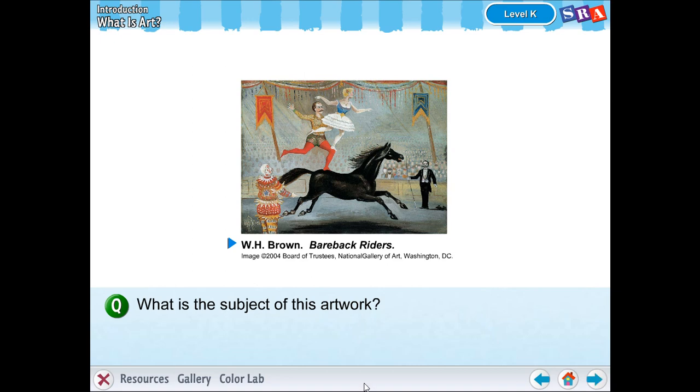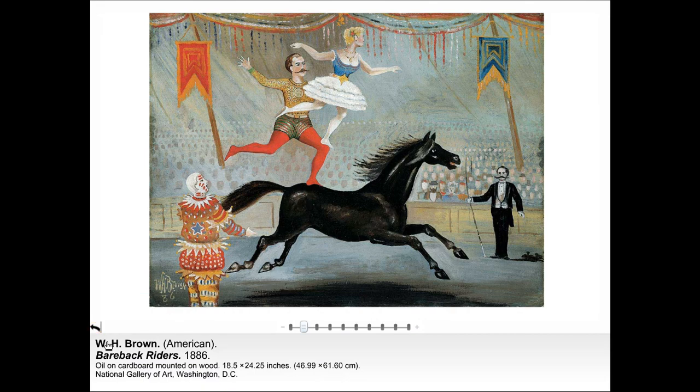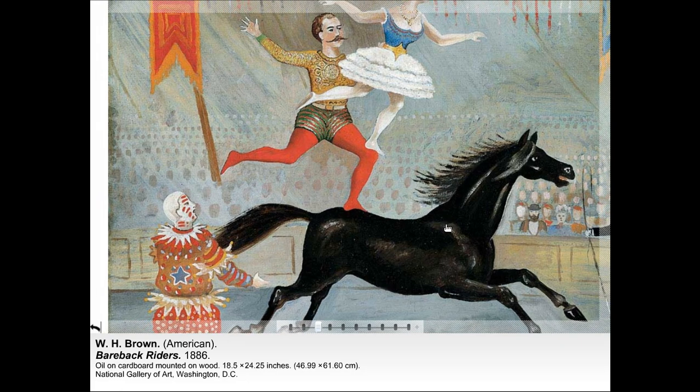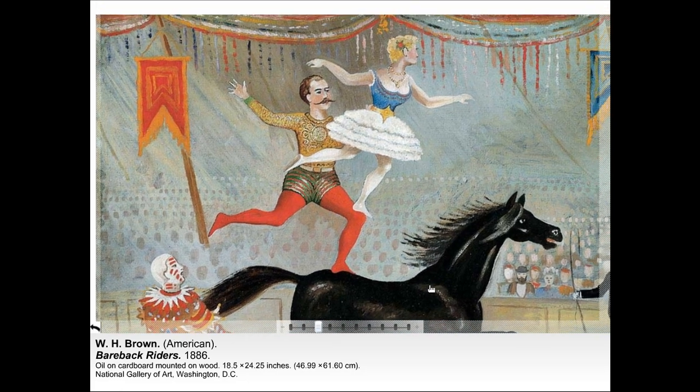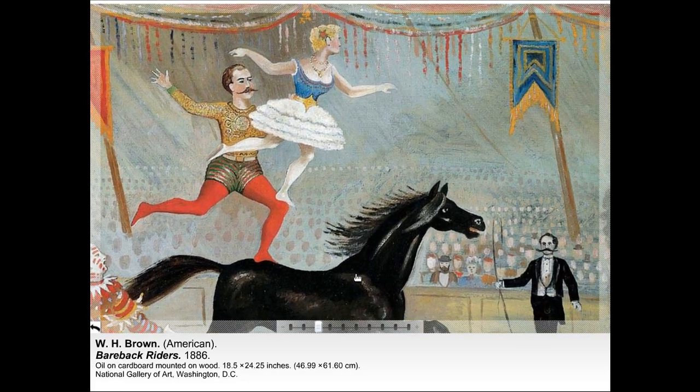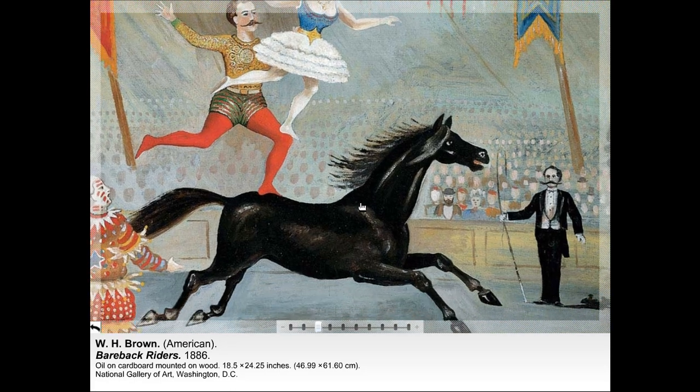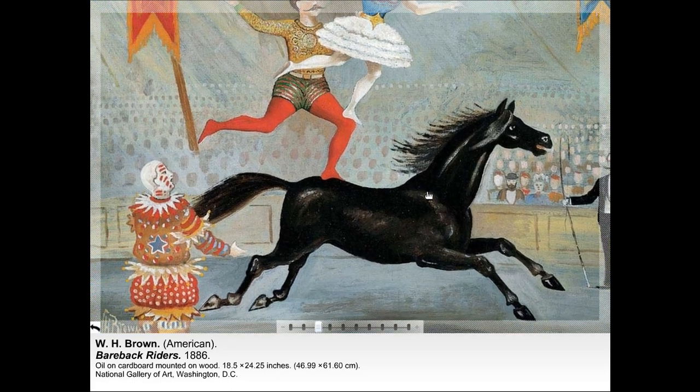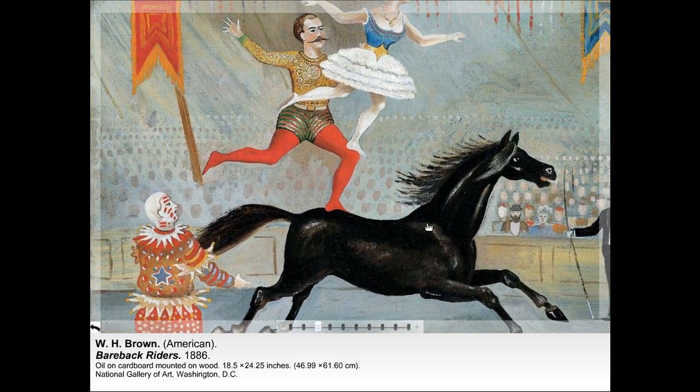What is the subject of this artwork? Let's zoom in. What do you see? I'm going to let you look at it. So what do you think the subject of this is?